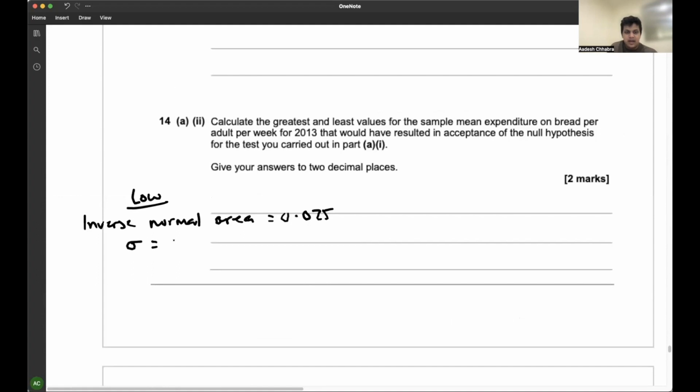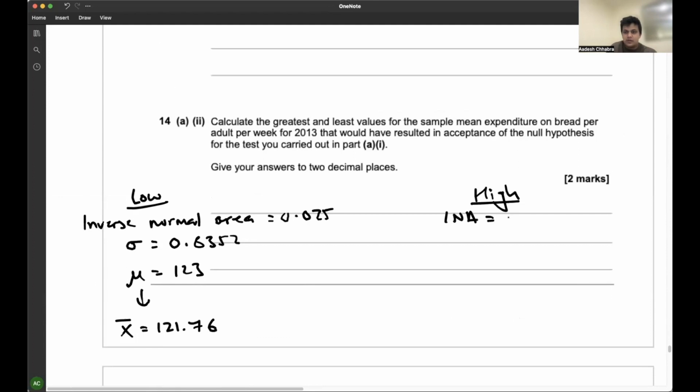Our sigma would be what we calculated to be 0.6352, and our mu would be 123. So in this case, if we go ahead and calculate this, X bar comes out to be 121.76. For our higher limit, we know that our inverse normal area is equal to 0.975.